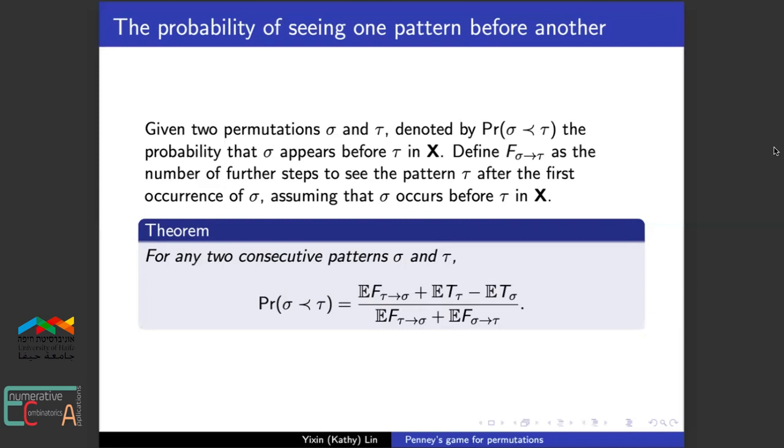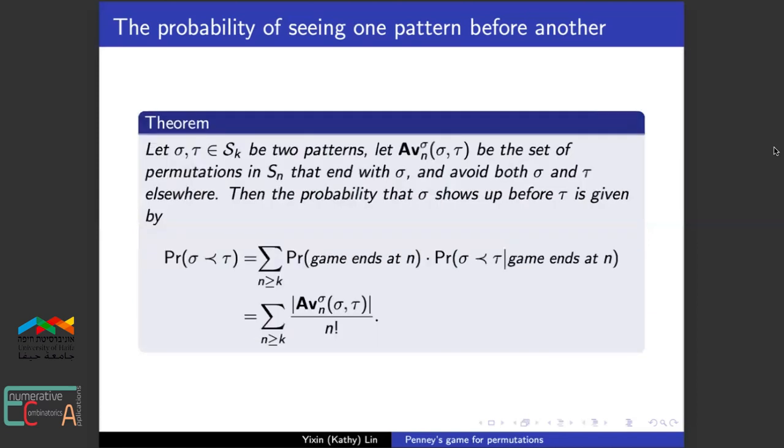The disadvantage of this formula is that we haven't found a general formula for the expectation of F sub sigma to tau for general sigma and tau. So we need another, more practical formula, so we can compute some probabilities.